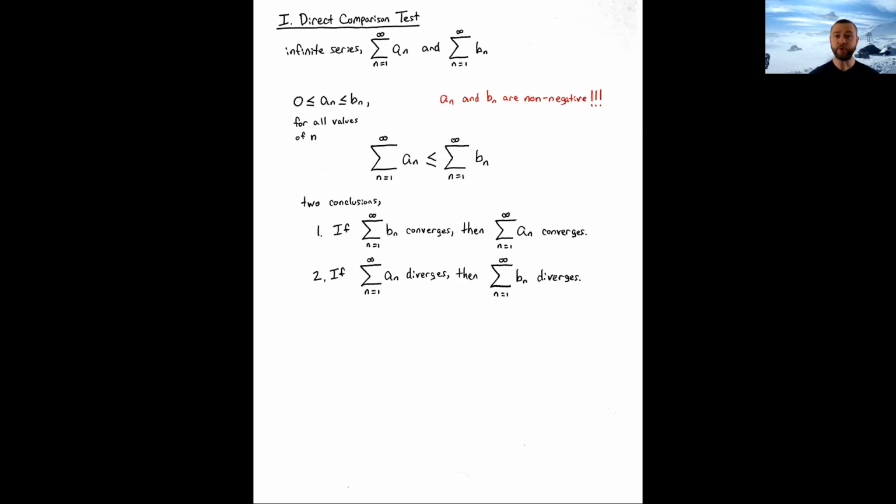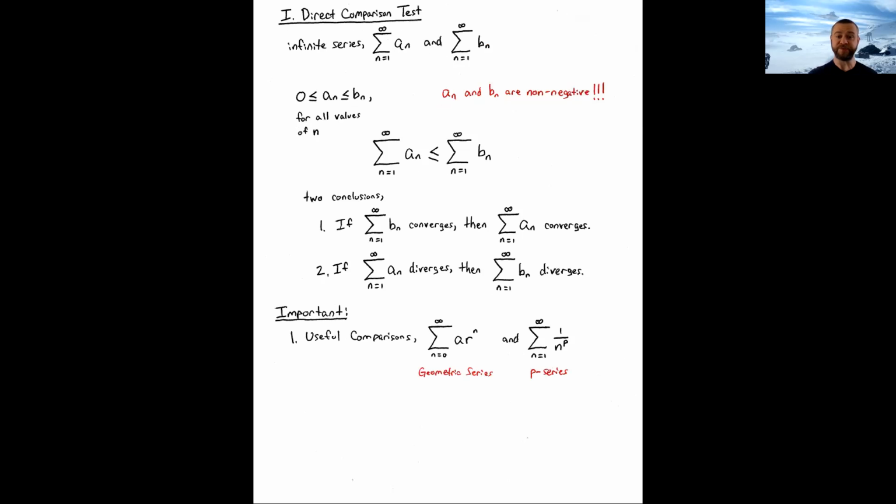And these are pretty much the same two conclusions from the comparison test for improper integrals. Informally, what this says is if the bigger infinite series converges, the smaller infinite series has to converge. If the smaller infinite series diverges, the bigger infinite series has to diverge.